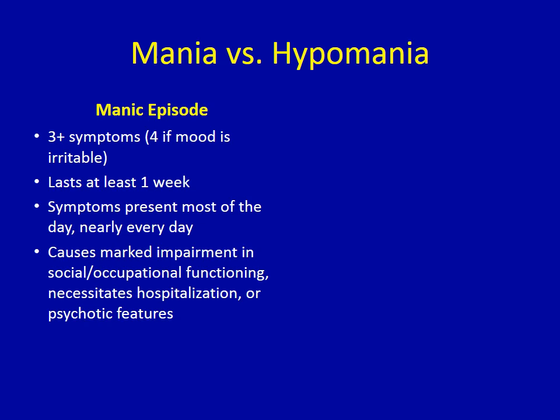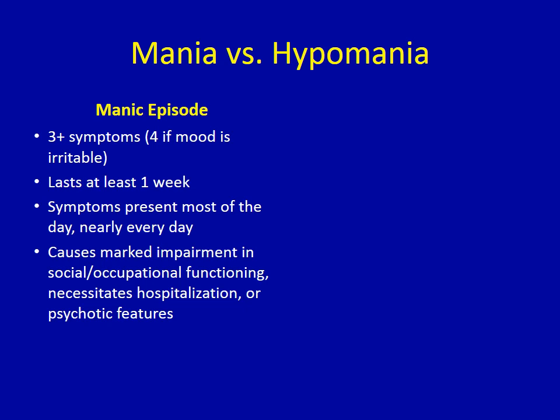And another important characteristic of mania is that the symptoms cause marked impairment in social or occupational functioning, require hospitalization, or have psychotic features. So these are severe symptoms. They are either causing problems in functioning, so they might be causing problems in a person's relationships. Maybe they're engaging in a lot of sexual activity outside of their relationship.